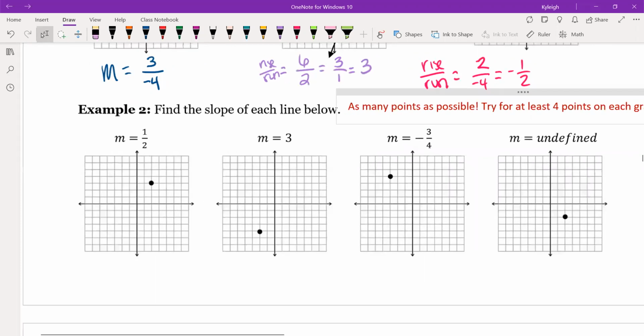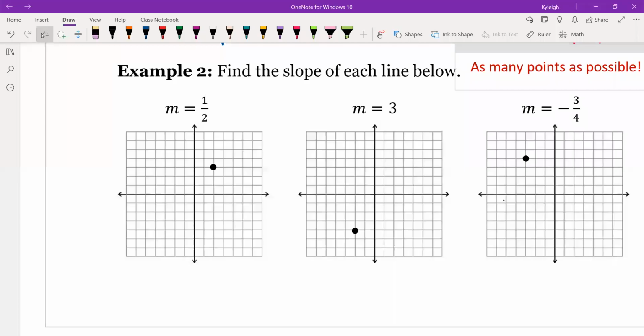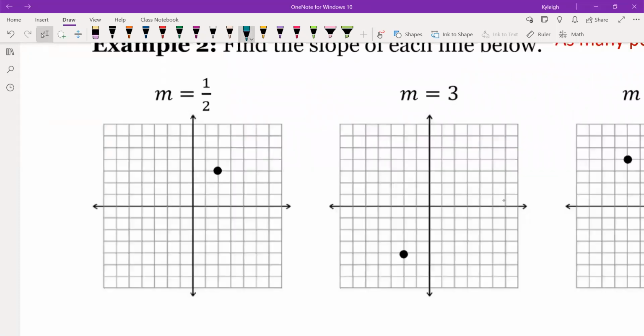Let's start with the first example, 1/2. We want to plot as many points as we can. So we do rise over run: we rise 1, we run 2, and we plot the point. And we keep on going. We rise 1, run 2. I know I went up and to the right because they were both positive.